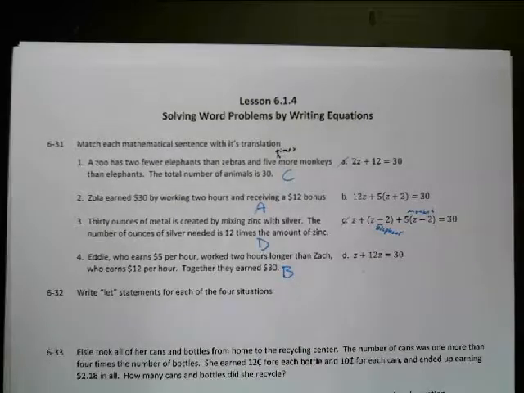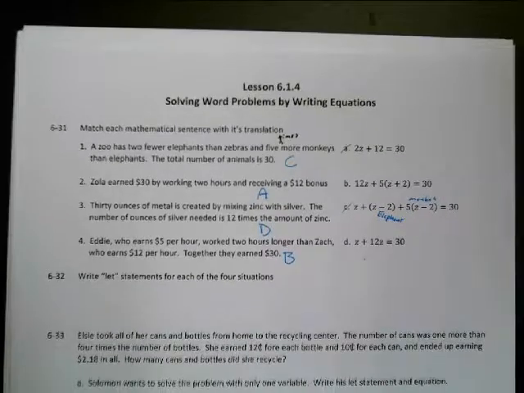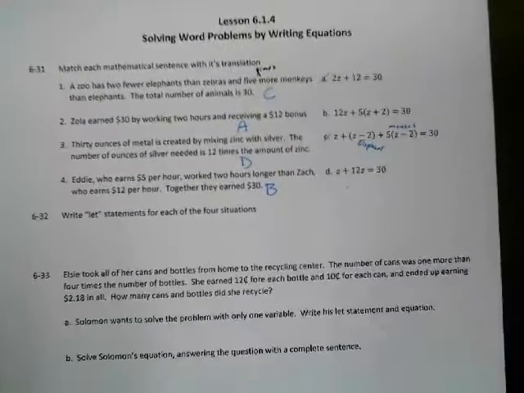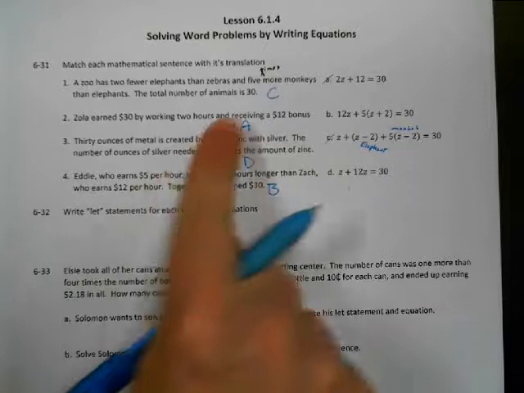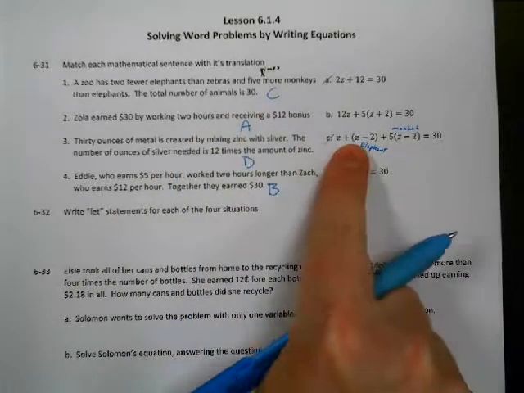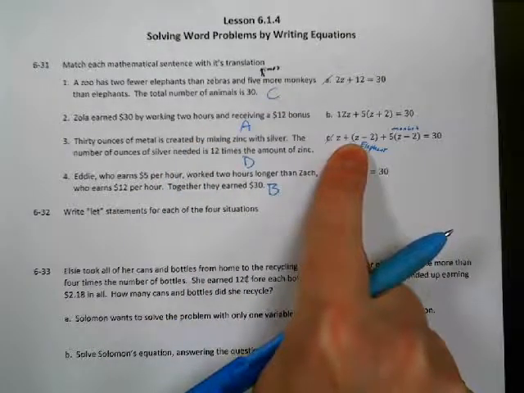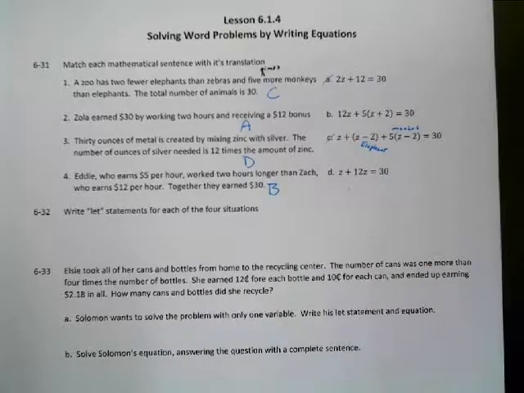All right, so we are going to do what's called a let statement. A let statement is where we write down what each variable is going to be representing in the problem. So up here, I had a Z, and we're going to let Z equal the zebras.